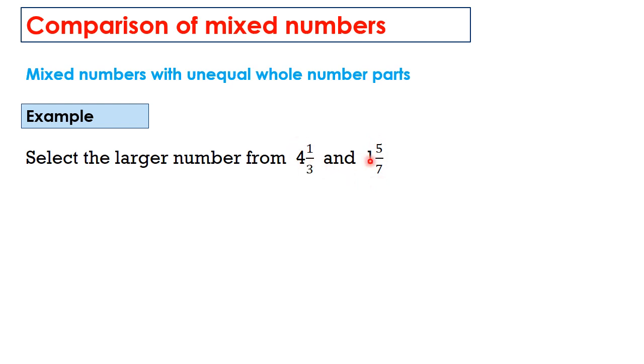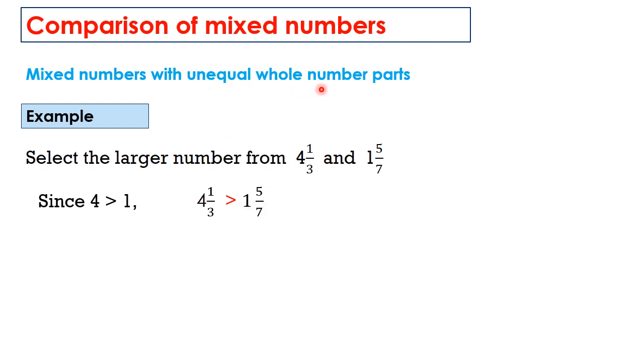When you compare these two mixed numbers, it is very clear that the whole number part here is 4, here 1. Since 4 is greater than 1, whatever the fractional part, the first whole number part is greater than the second. So the first mixed number is greater than the second mixed number.